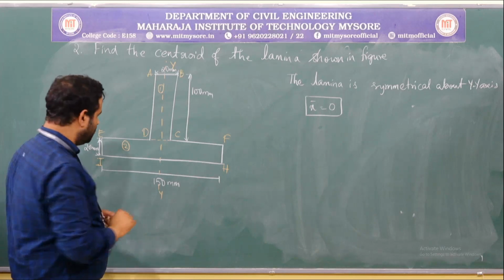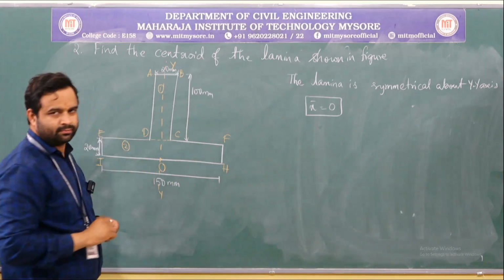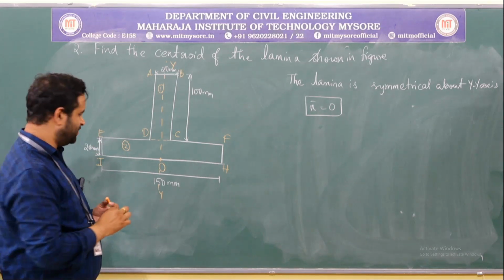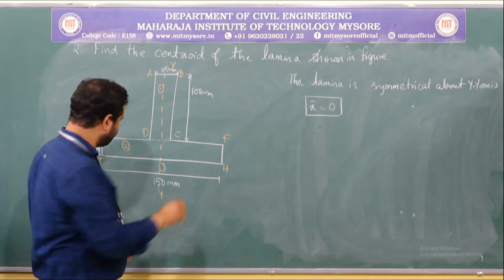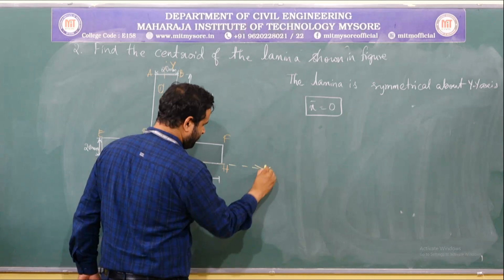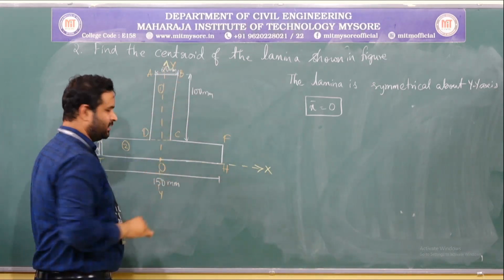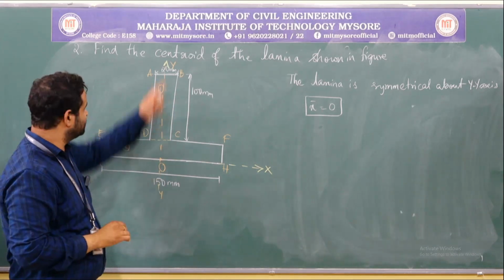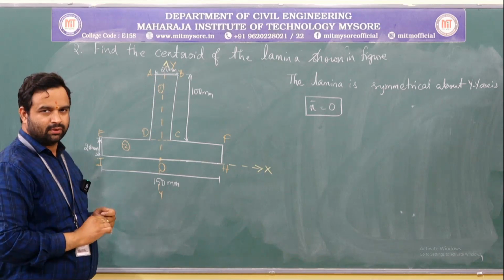Now let me choose this point as origin O, and now let me write the reference axis. OX, this is OY. So the already existing YY axis can be taken as the OY axis. Okay.